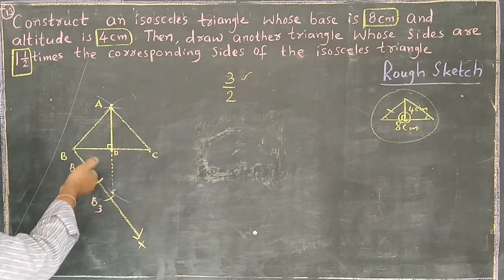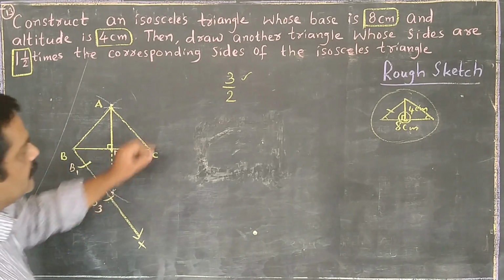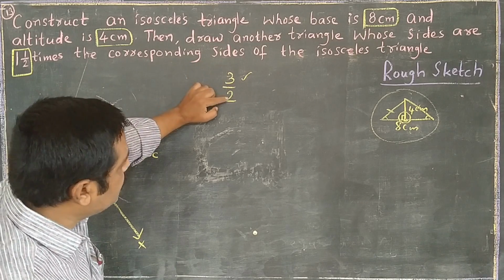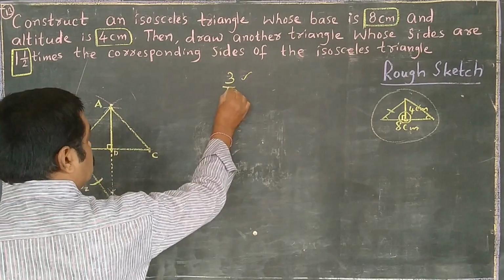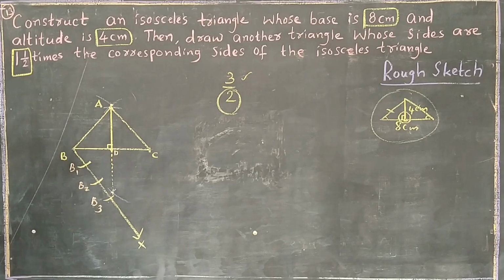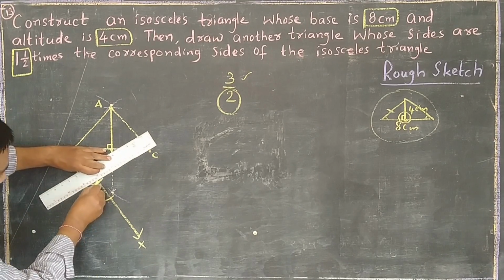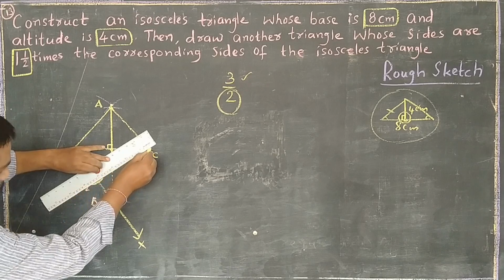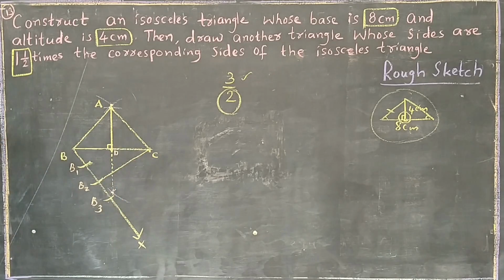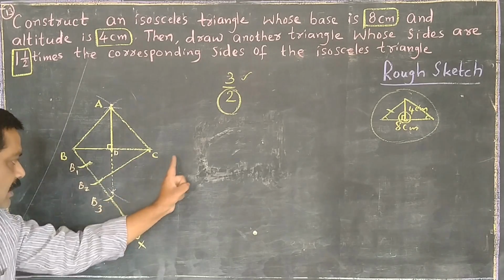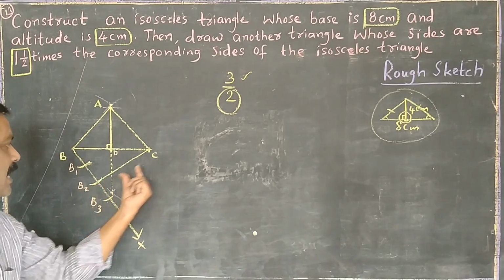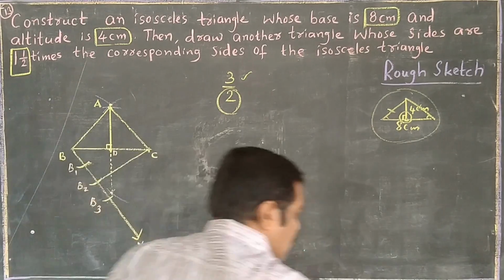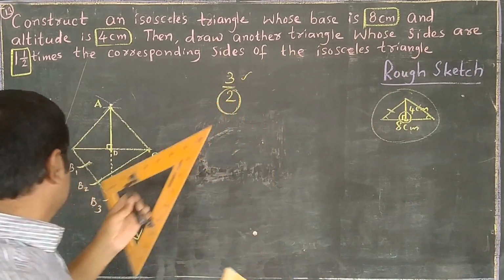Now join C to which point? Which is the denominator? The denominator here is 2, so from B2 you join C. Clear? From B3, draw a line parallel to B2 C. Take the help of set squares, keeping one at 90 degrees.